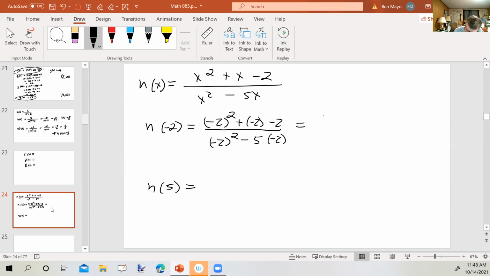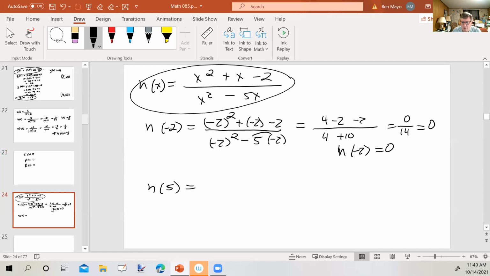Negative 2 the quantity squared is 4, and then minus 2 would be 0, and negative 2 the quantity squared is 4. Minus 5 times negative 2 is plus 10, so we get 0 divided by 14, which is 0. So h of negative 2 equals 0 for this function.